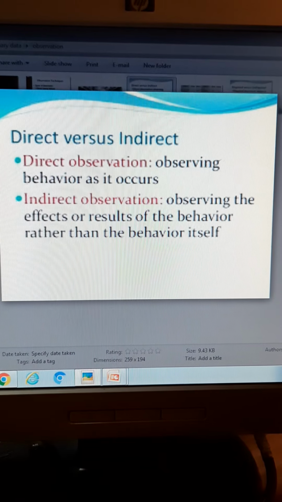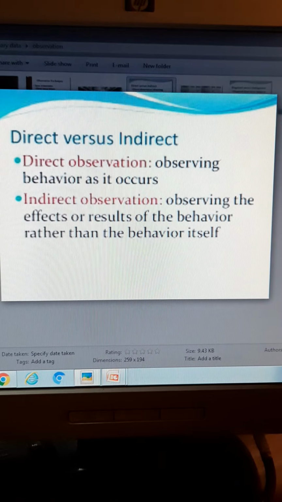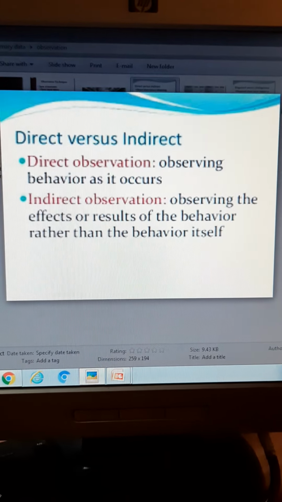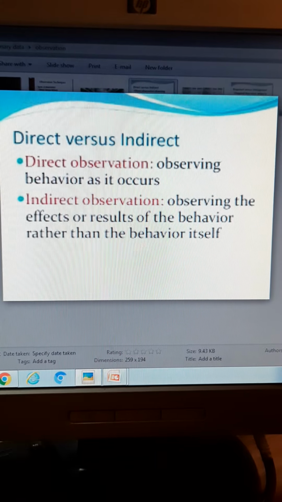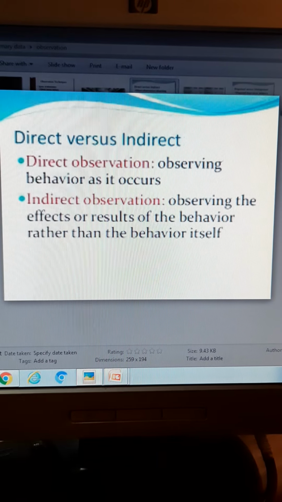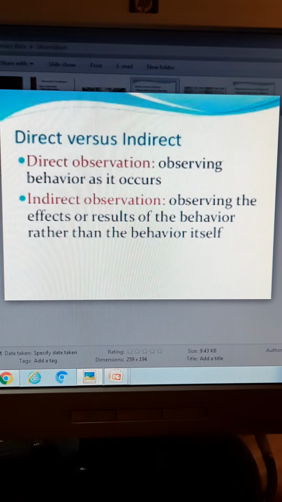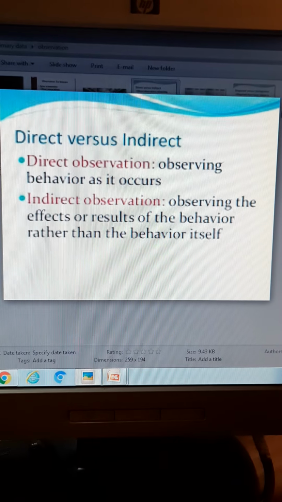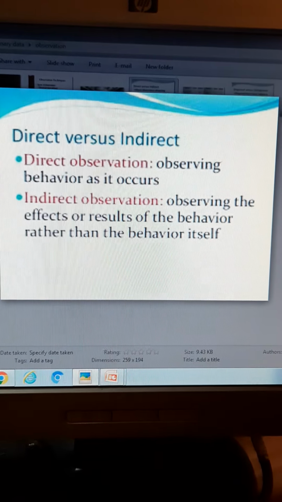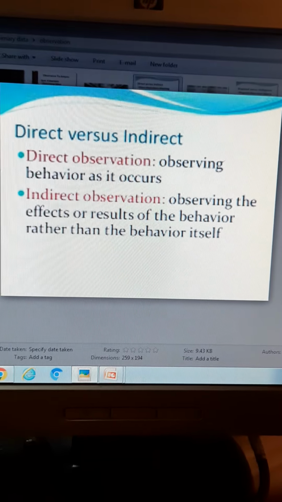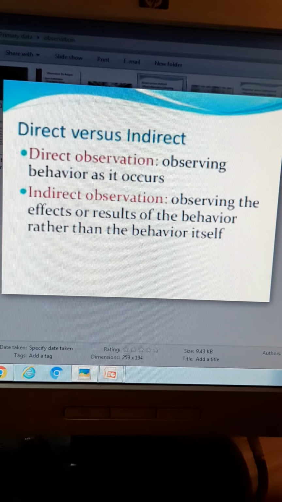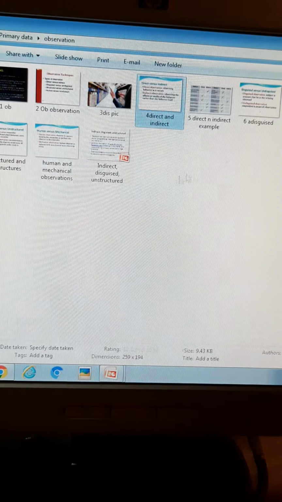Indirect observation is what are the other things that happen. Does the BP go up? Sugar goes down? Do they become dehydrated? Like this. So there are many examples that you can give, direct and indirect observation. Clear? Right. Let us go to the next aspect.